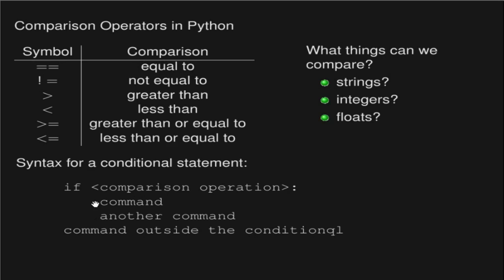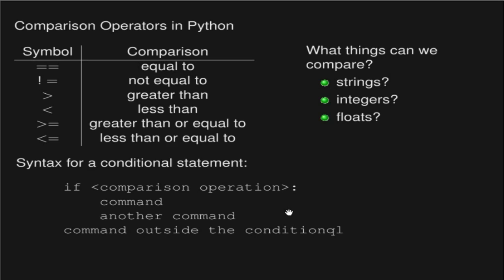For all of the commands contained in the if statement, we have those indented in. And when we have a command that's outside the if statement, we go back and we get rid of the indentation. And so it's a little bit like the for loop for that one.